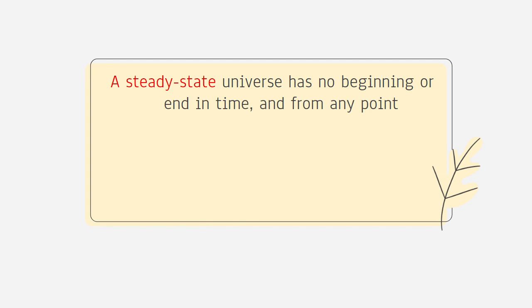So, we know that the state of matter depends on how dense its particles are. If the density of an object remains the same while the size continues to increase, we can say that the object is in a constant or steady state. Also, the steady state universe has no beginning or end.